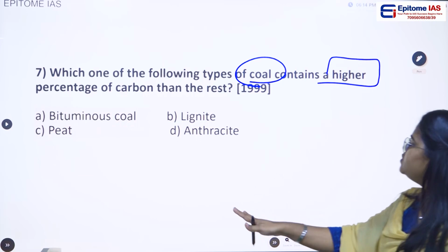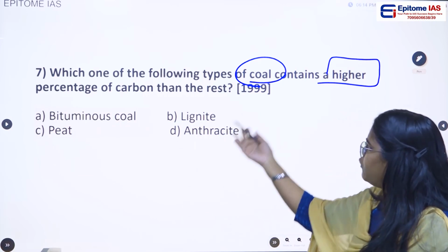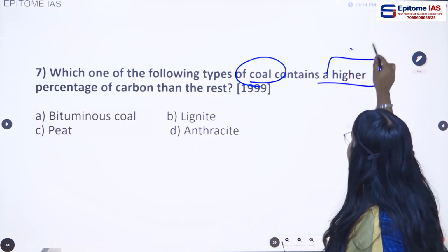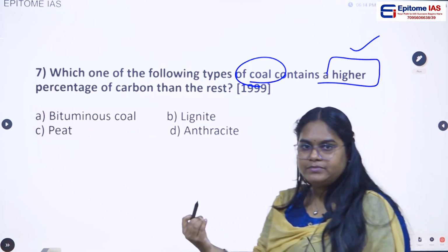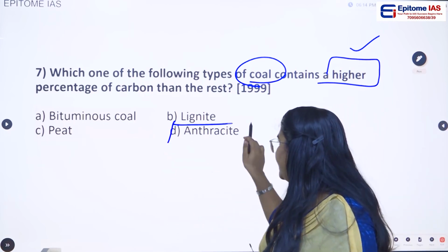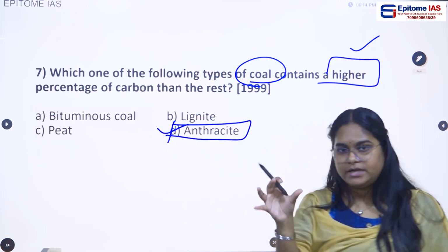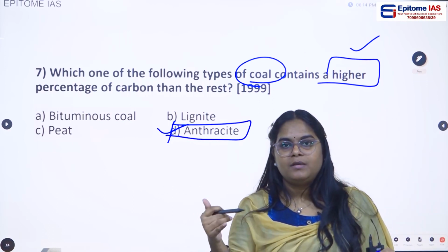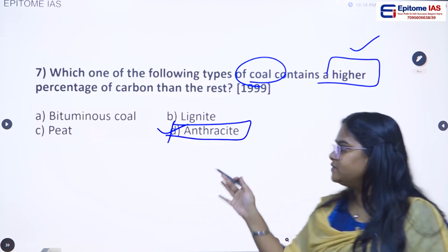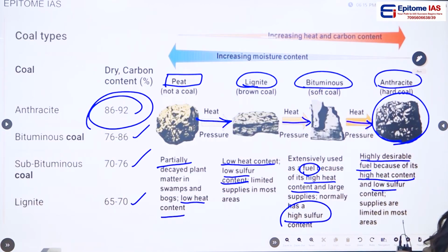So when we come back to this question, they are asking which of the following has higher carbon content. It is anthracite because it consists of a higher percentage of carbon. So option D is the correct answer.